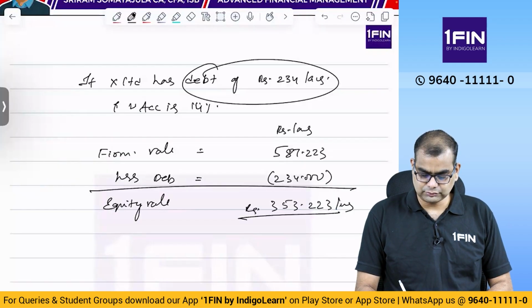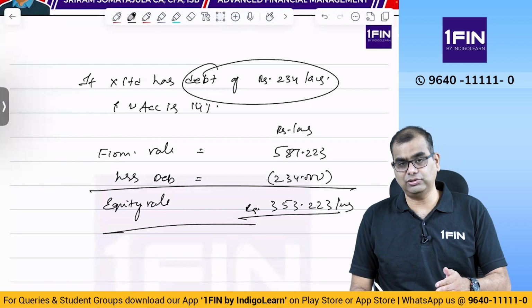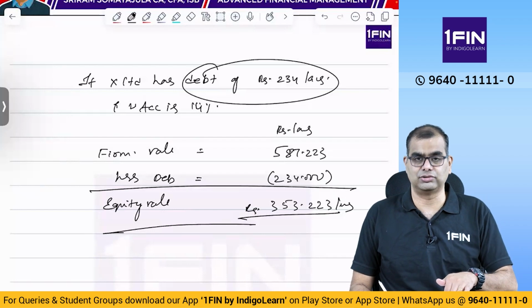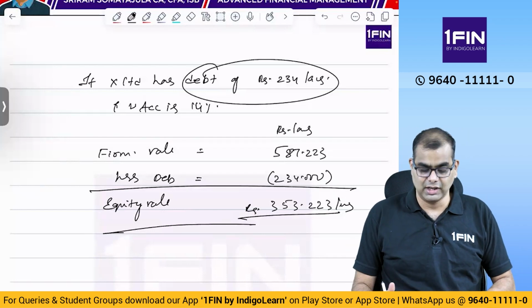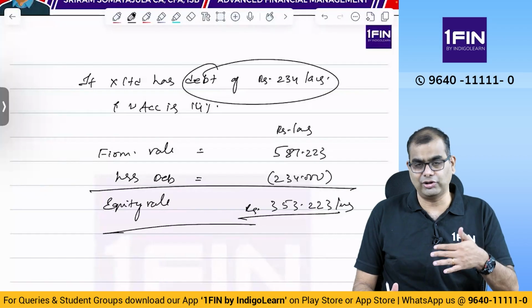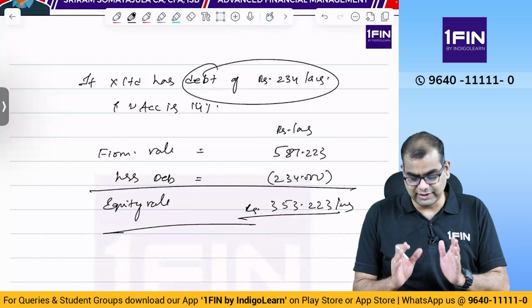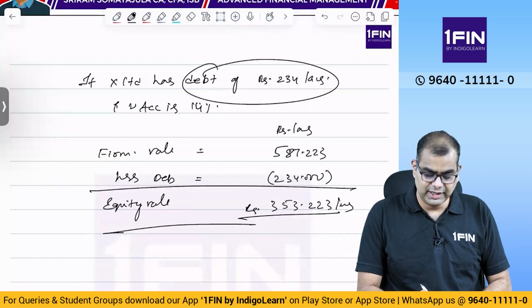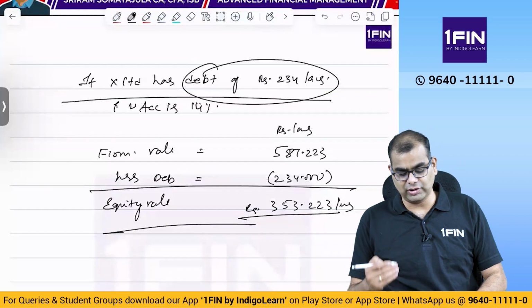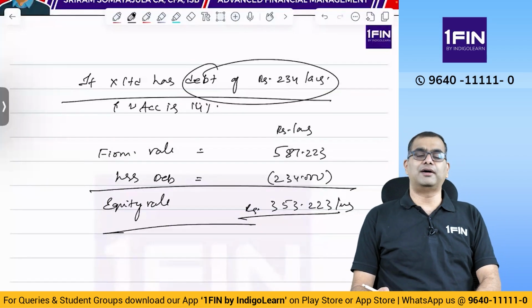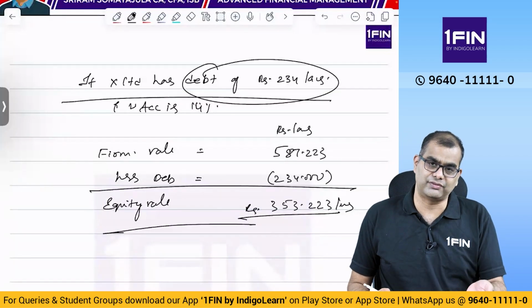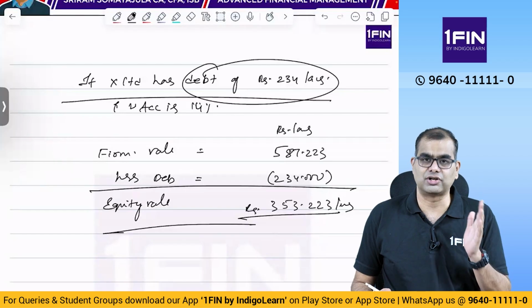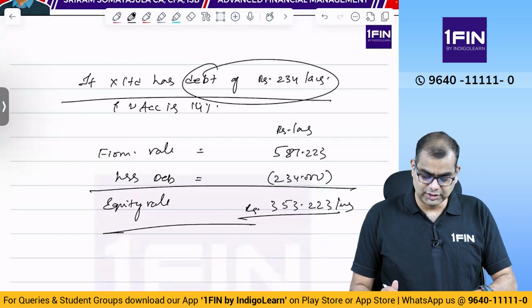That's all. If they give debt in a very different manner, or make some other changes, you'll have to go as per the problem. In this problem, I have introduced one variation: if the value of debt is 234, how will you arrive at the equity value using the same set of data which pertains to the firm instead of the equity of the company. This is the first question.